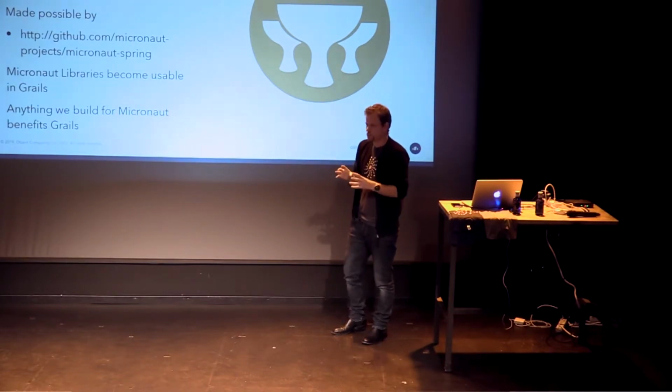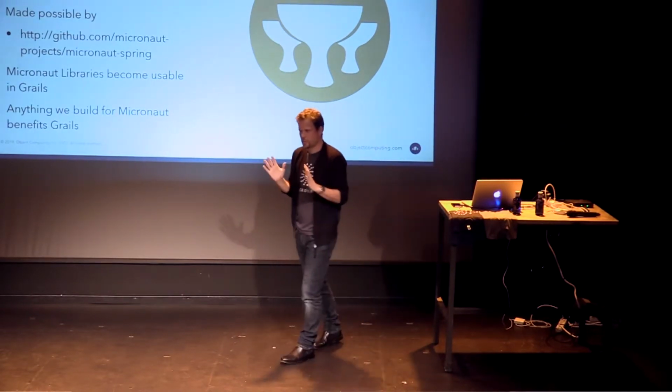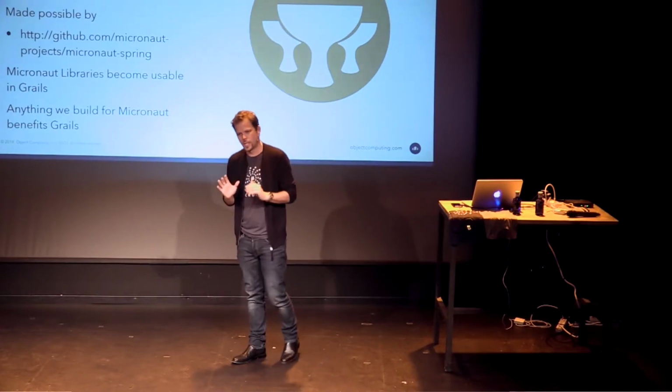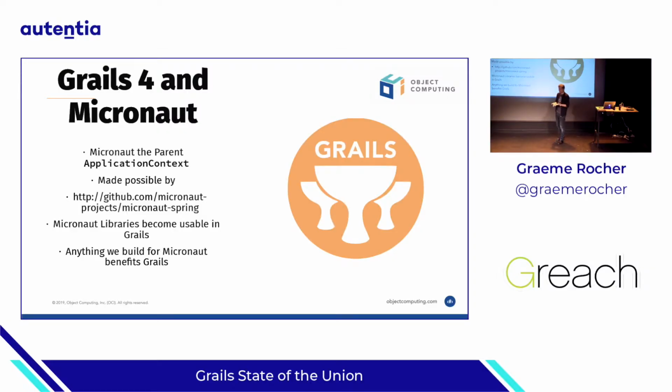What we've done is make an adapter interface that adapts Spring to Micronaut such that you can register Micronaut as the parent context. And it's not something specific to Grails. It's actually in this sub-project here. You can use it if you have a normal Spring app. You can plug it in; when you boot up your Spring Boot app, you can say set parent context Micronaut, and you can use Micronaut as your parent context.